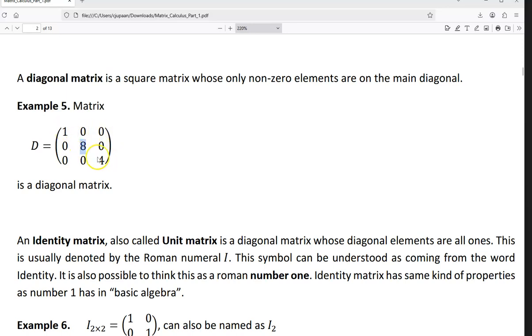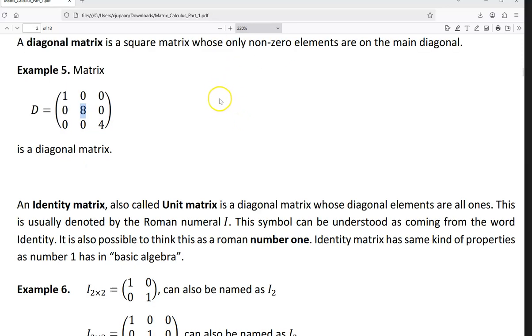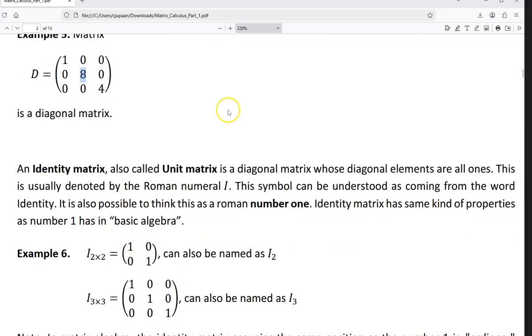As you see, if I take away these elements, then I have only zeros left. The diagonal matrix has some special properties, and that's why this kind of matrix has a special name, diagonal matrix. One special case of that kind of matrix is the so-called unit matrix.